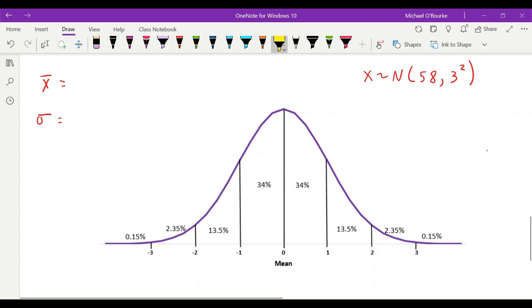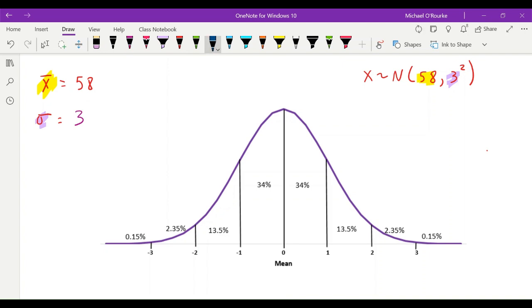Well, in this case, our mean is going to be 58. So this is the average height of people. So average height of people is 58 inches. And the standard deviation is 3. Okay.